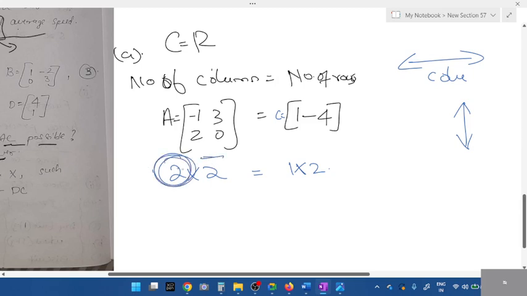Can you see number of columns in the first one? Is it equal to number of rows in the second one? Column should be equal to number of rows.